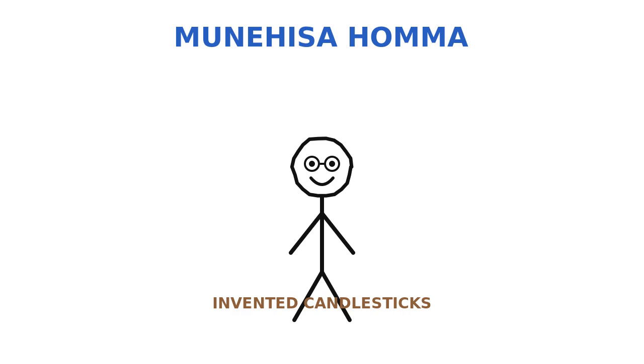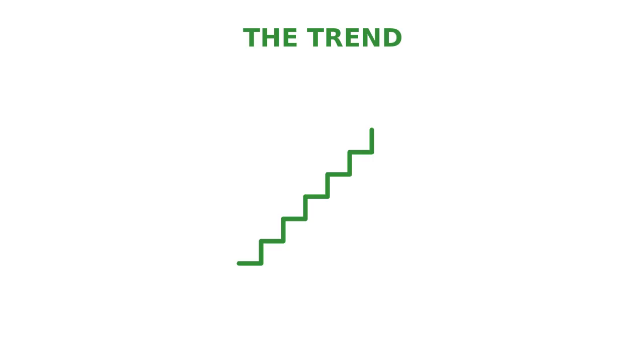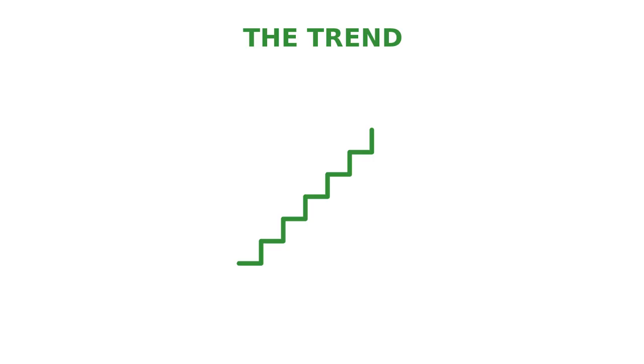Layer 2, and this is the single most important idea in all of technical analysis, the trend. Zoom out from the individual candles and ask one question. Is this chart generally heading up, down, or sideways? An uptrend is a staircase climbing to the right, each peak and each dip a little higher than the last.